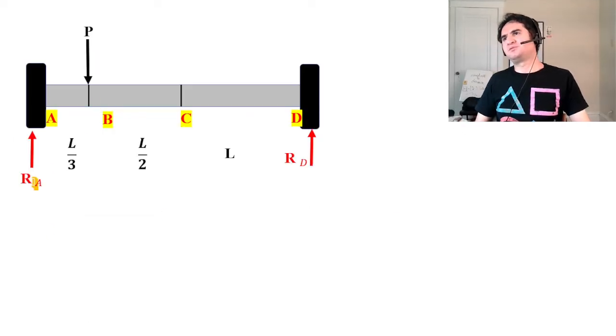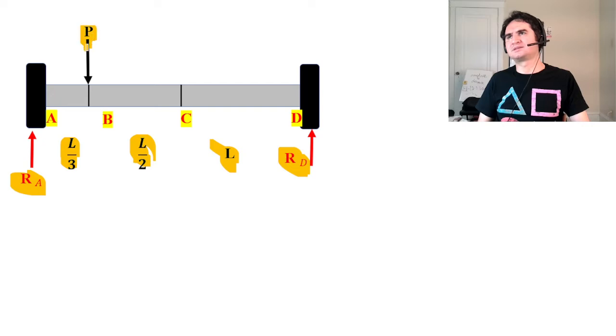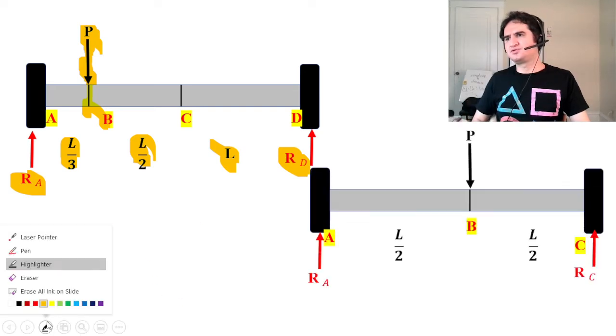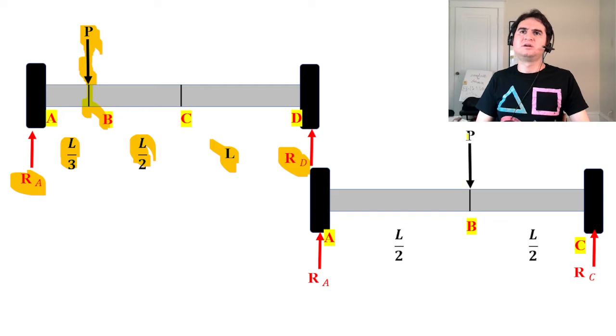We want to know what RA and RD are. The lengths are provided, and a concentrated load P is applied at point B. First, let's consider a situation in which the load P is applied at the center of the same beam.